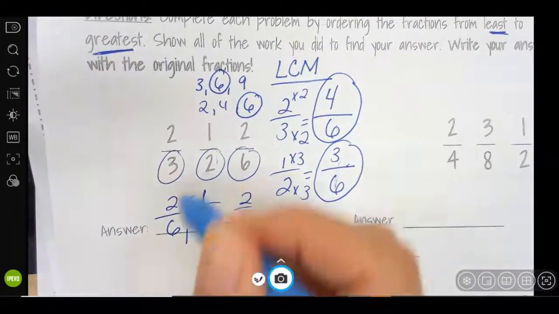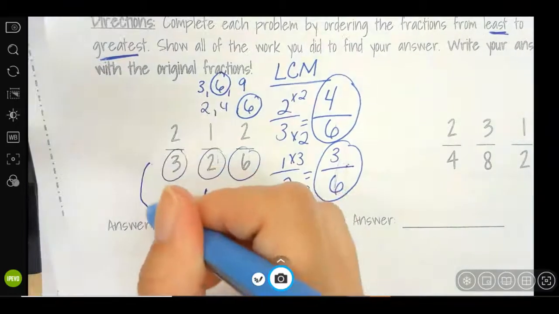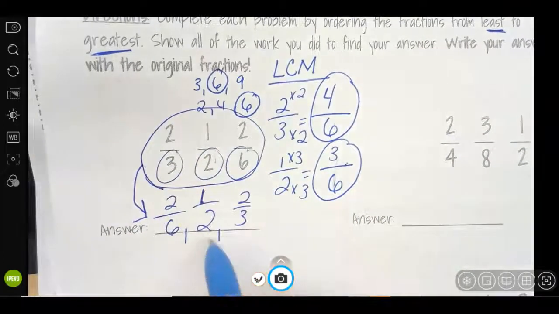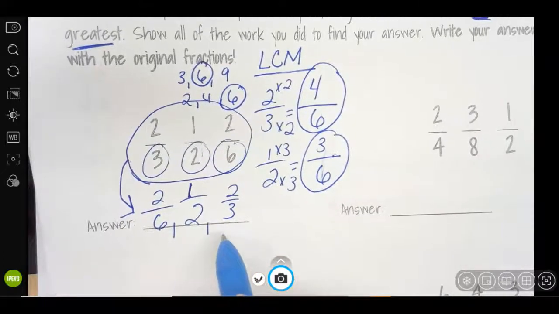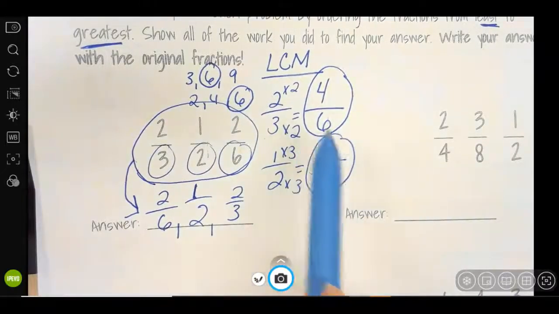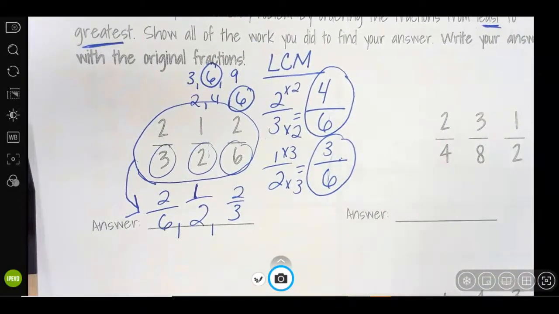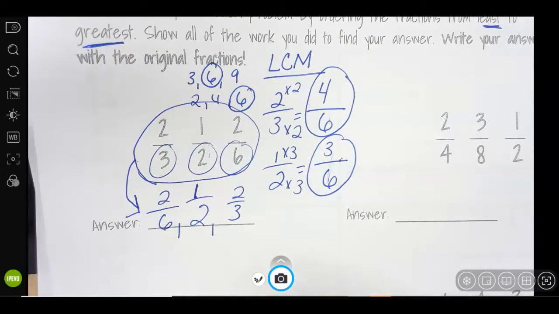Okay? Make sure that when you're writing your answer, you're taking these fractions here and putting them on the line. But you have to find a common denominator first. Any questions on this example that we did? Sophia?